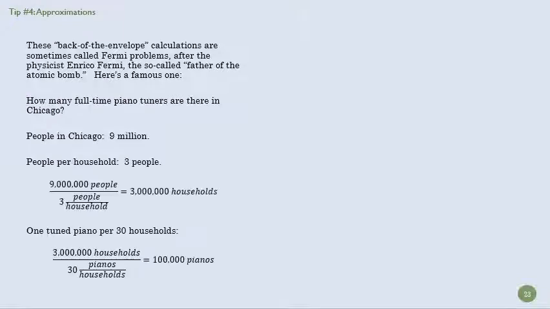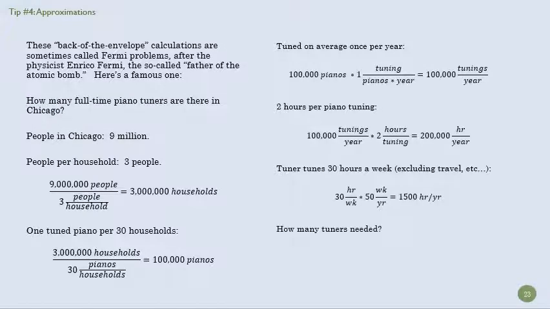So here, I'm not going to go through this step by step, but this is a famous approximation problem. Sometimes these are called Fermi problems, after the physicist Enrico Fermi. And this one's kind of famous in part because the question is, how many full-time piano tuners are there in Chicago? I have no idea, right?